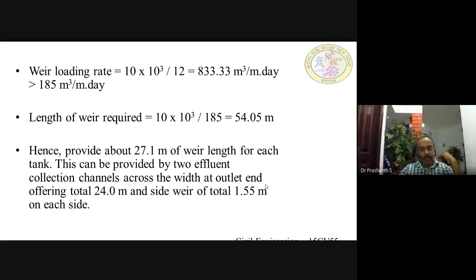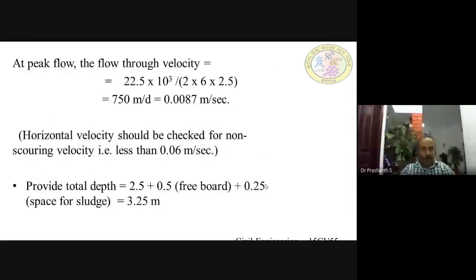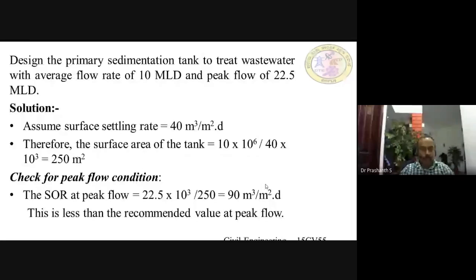This can be provided by 2 effluent collection channels across the width at outlet, offering total 24.0 meter, and side weir of total 1.55 meter on each side. This is how the tanks are designed. So the only thing you have to keep in mind is surface settling rate has to be assumed. Based on that, surface area of the tank is found, and whatever tank we have designed based on that SLR, will it cater 22.5?